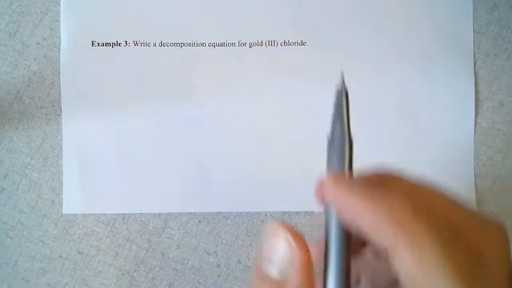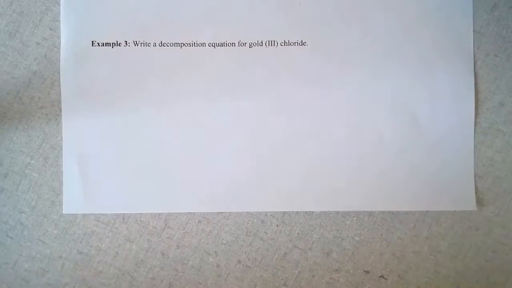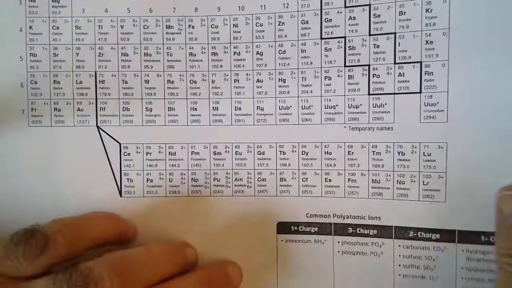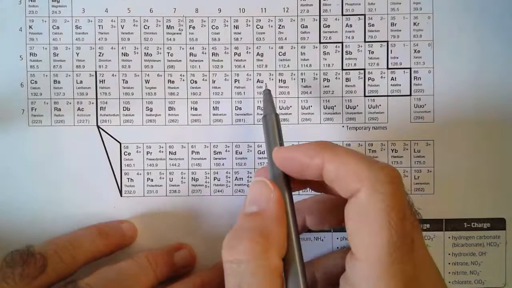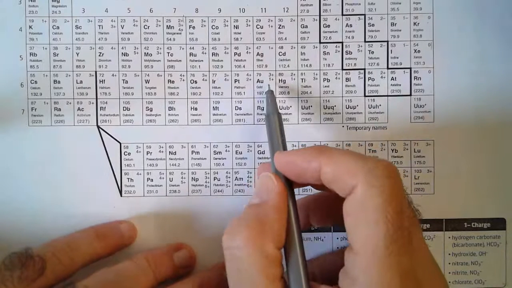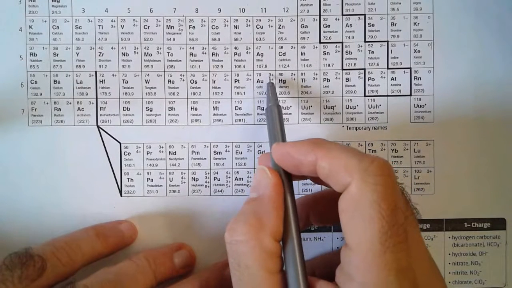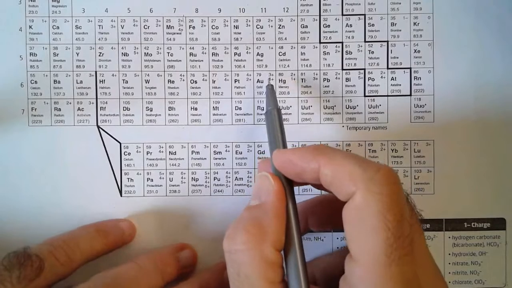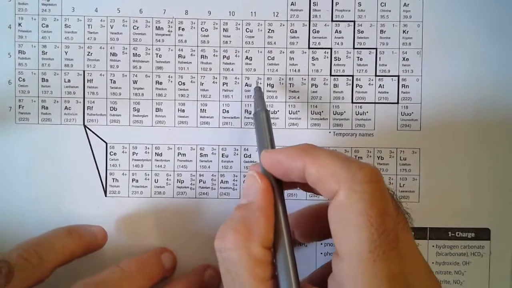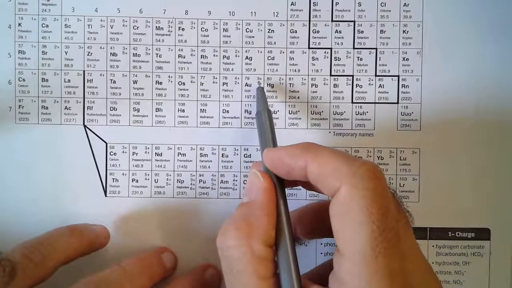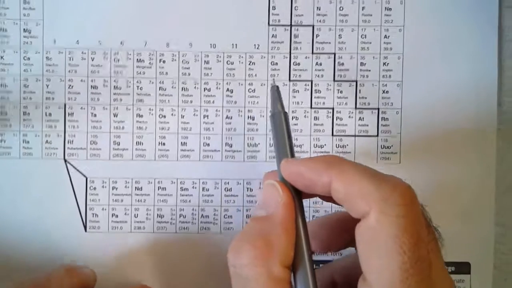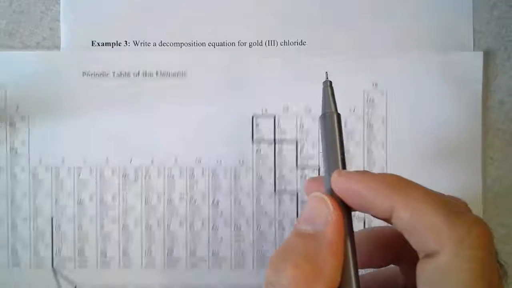So let's start by finding a formula for gold 3 chloride. Not surprisingly, since I see that Roman numeral, I should expect to find that gold is indeed a multivalent metal. So two possible charges, but they tell us that it's gold 3, so I know it has to be +3. And then we've got chloride.